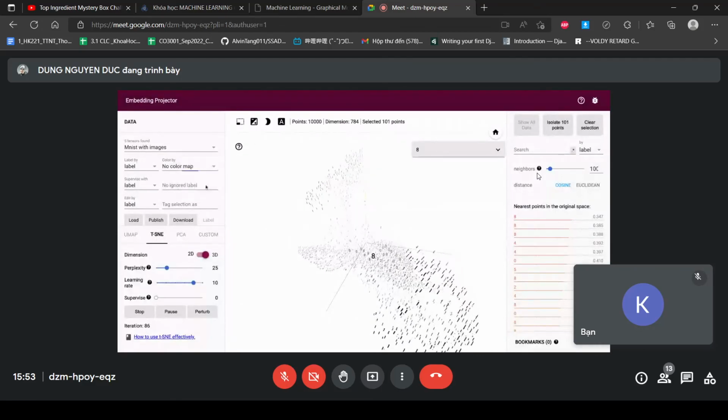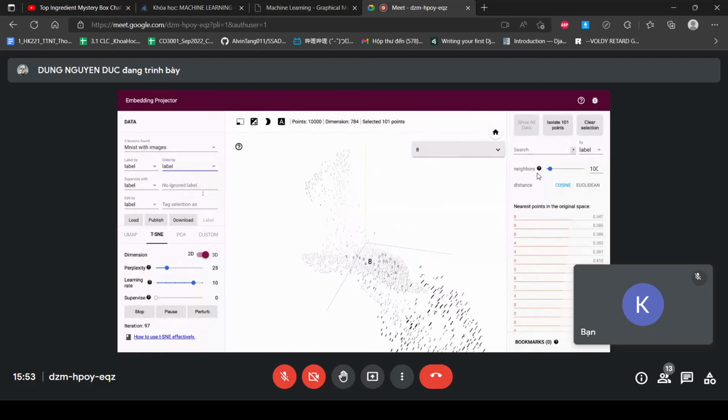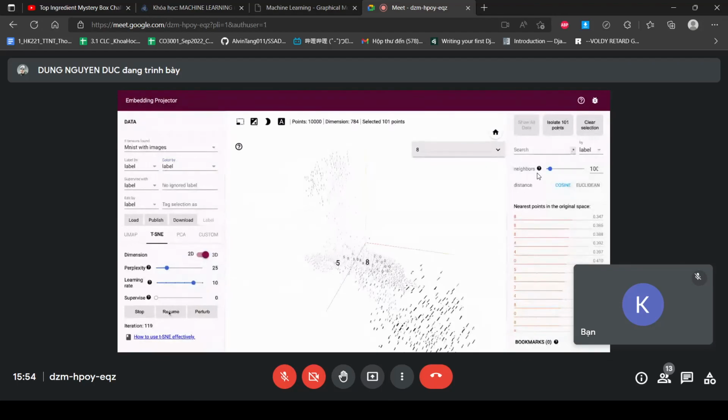So may I use the label for coloring so that you can observe it better. Still, they need some time to iterate, I suppose.